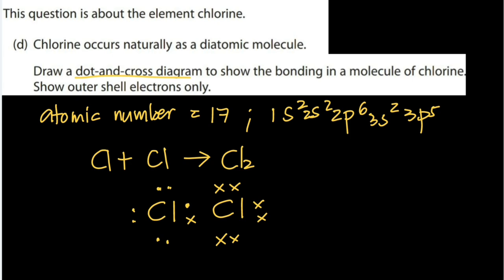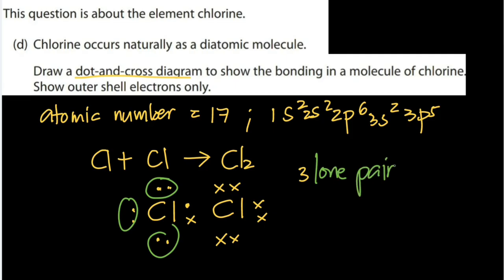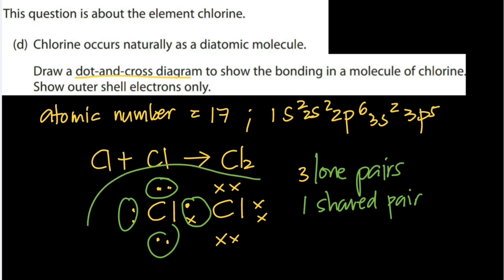So each chlorine atom has 3 lone pairs, 1, 2, 3, which means 6 electrons, and one shared pair. So this is now the dot and cross diagram of the chlorine molecule.